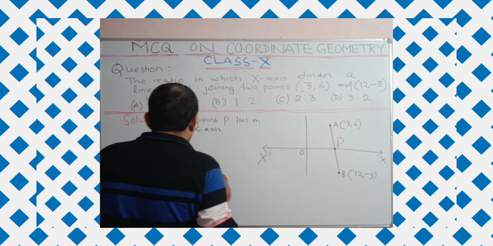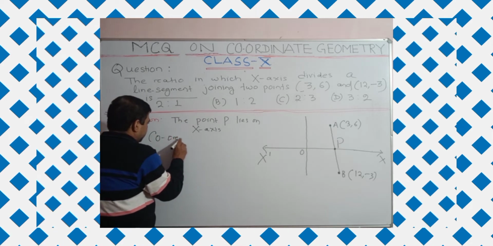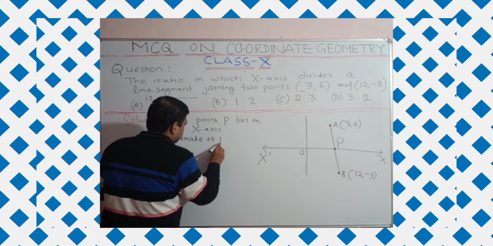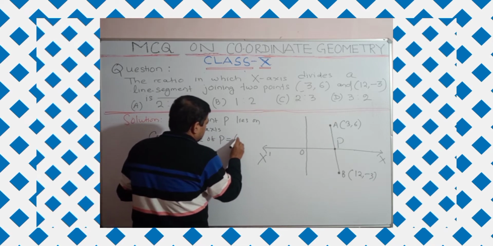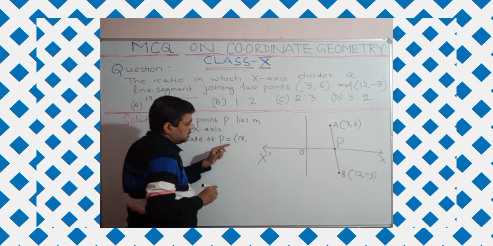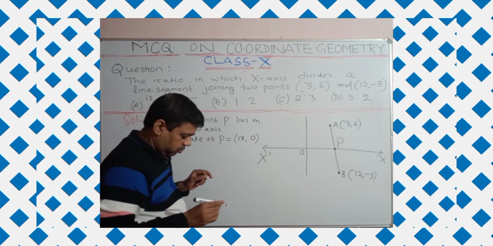So the coordinate of the point P must be what? Here the x coordinate is x, which is any real number, and the y coordinate is 0. Yes or no?